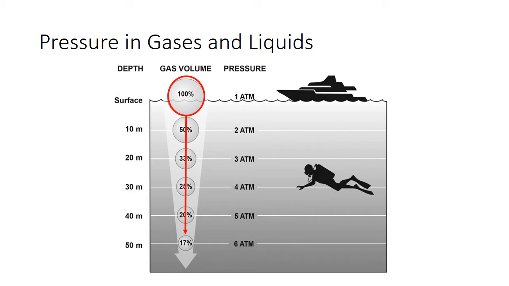This pressure causes the balloon to get smaller. Down at 50 meters, the balloon is only 17% the size at the surface. Pressure increases as we go down in the ocean.